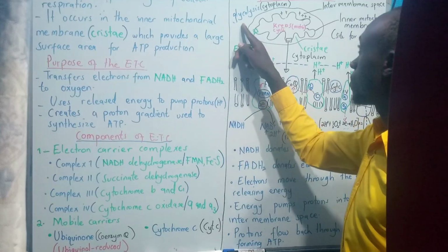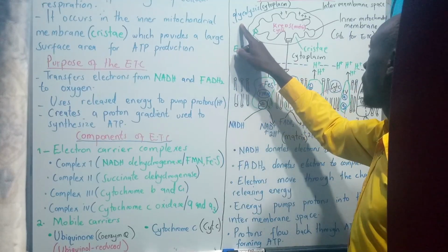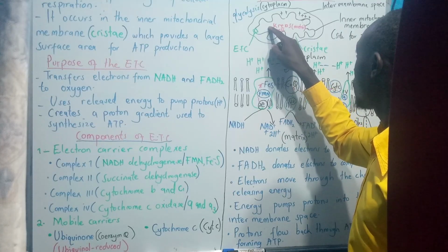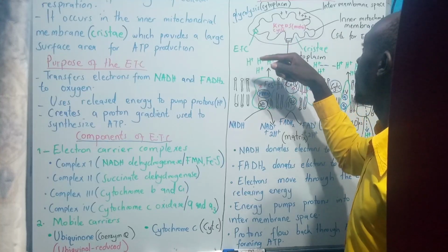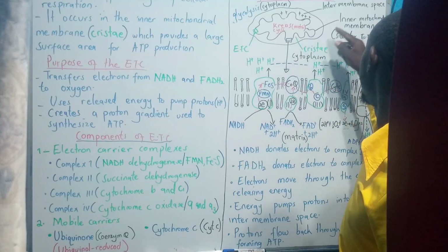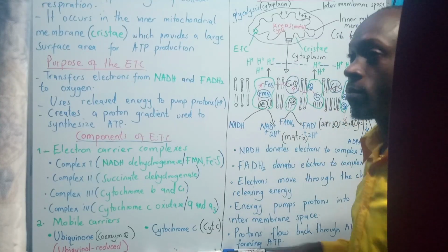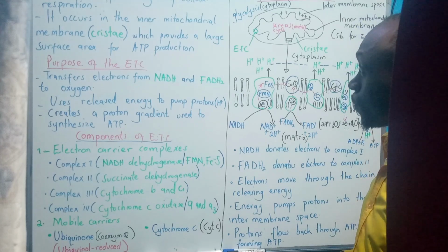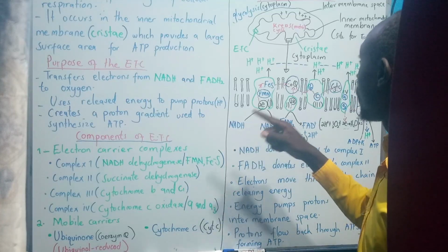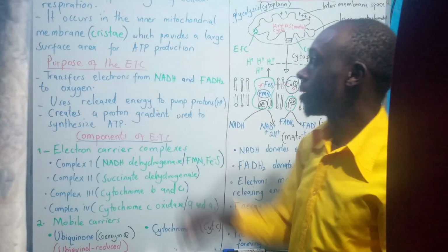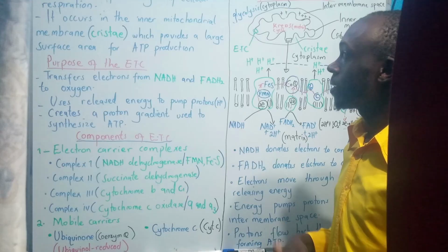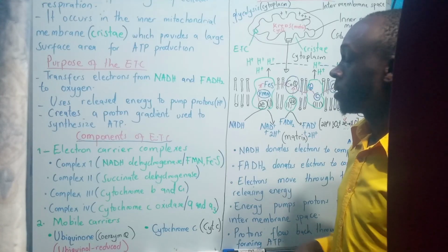That is glycolysis, which takes place in the cytoplasm, then Krebs cycle, which takes place in the mitochondrial matrix, and lastly the electron transport chain, which takes place in the inner mitochondrial membrane. The inner mitochondrial membrane consists of very many foldings called what? The cristae. It provides a large surface area for ATP production.